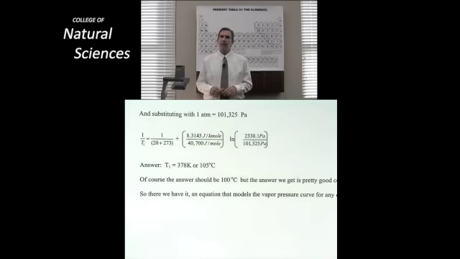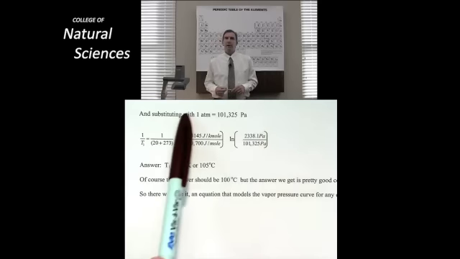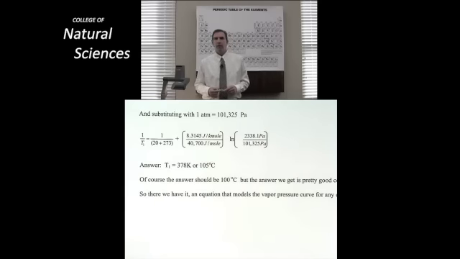Why isn't it exactly right? Well, if you remember back to the derivation of the Clausius-Clapeyron equation, the reason it got so simple in the first place was because I made two assumptions. I made the assumption that the free energy of a liquid was pressure independent, and I made the assumption that the change in entropy for an ideal gas was a constant across all different kinds of gases.